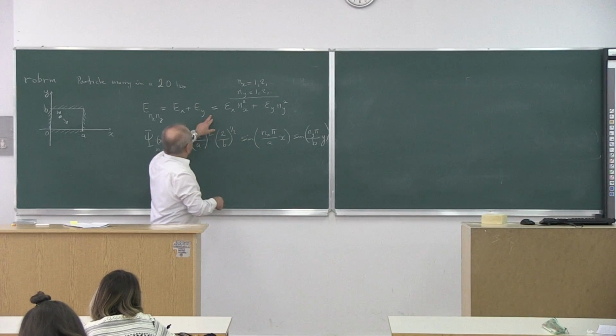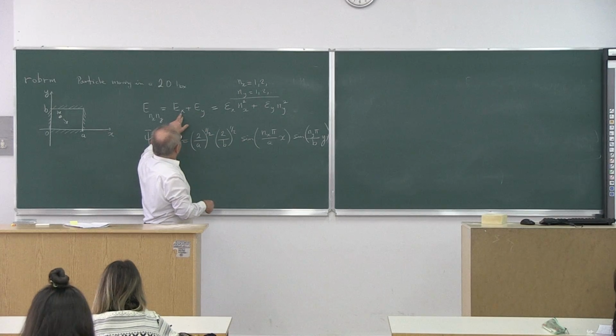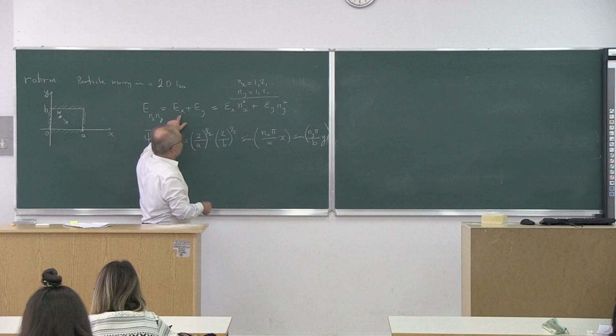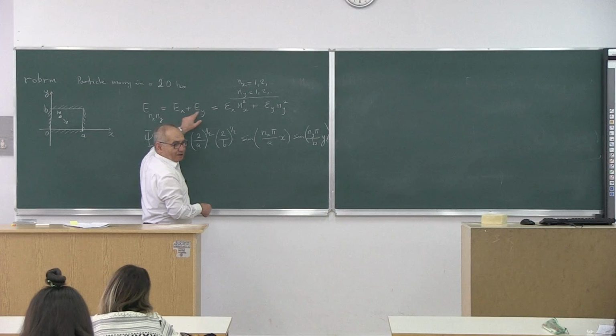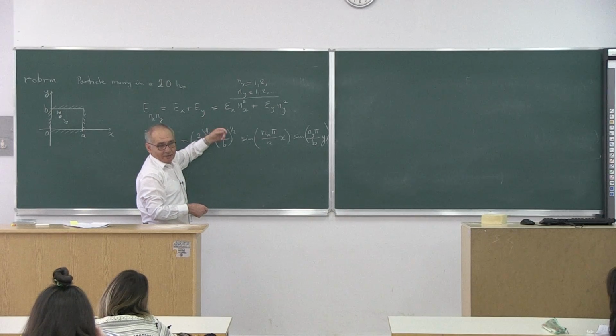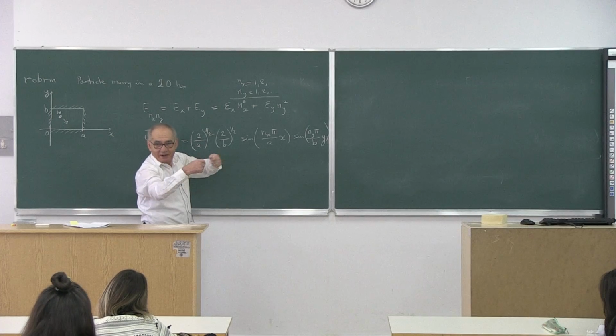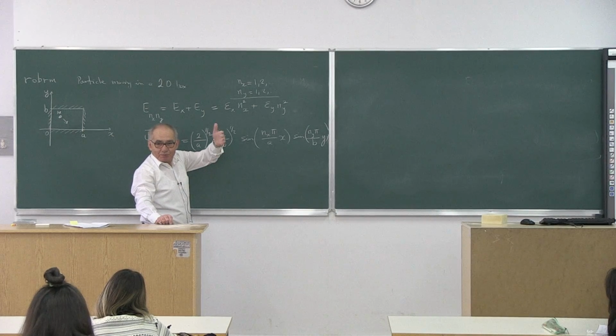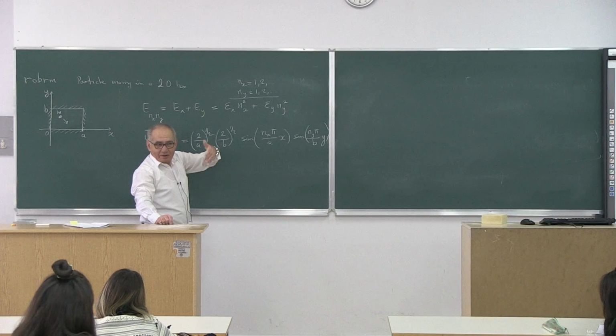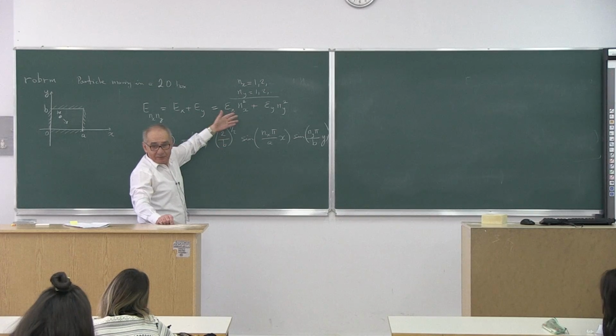To get the lowest energy, you need the lowest energy for the X particle and lowest energy for the Y particle. Two lowest numbers when added gives the lowest possible value for the sum, isn't it?